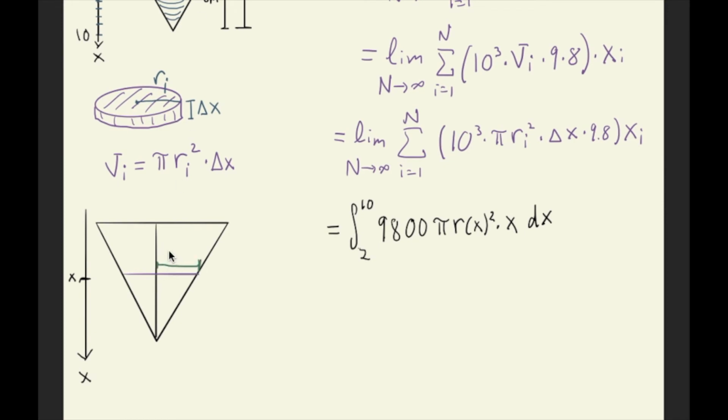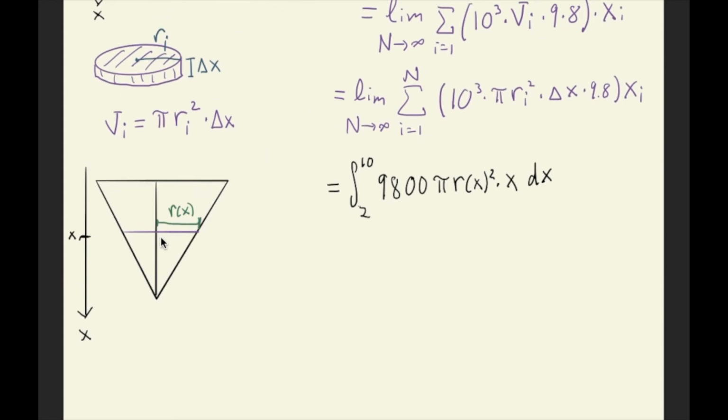That's what we want to compute, r of x. We want a formula for it. And to compute a formula for r of x, what you have to do is look at this triangle right here that I'm drawing in green.